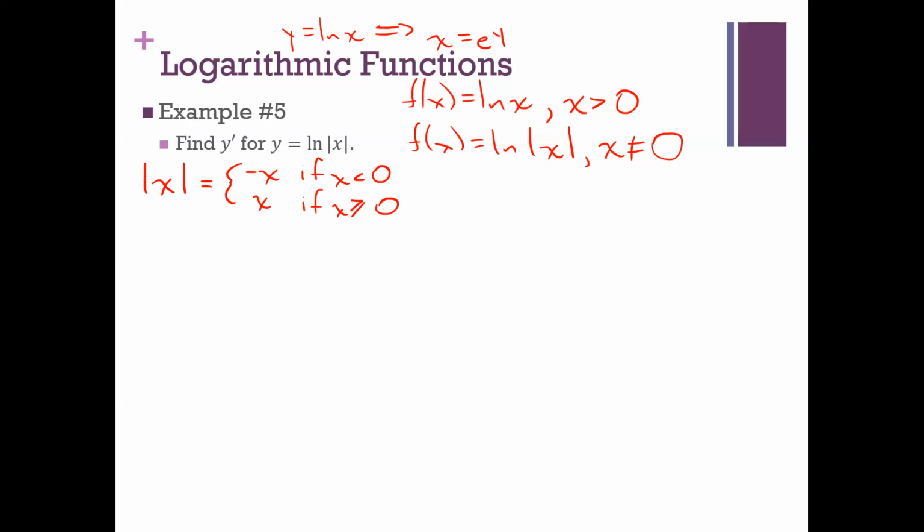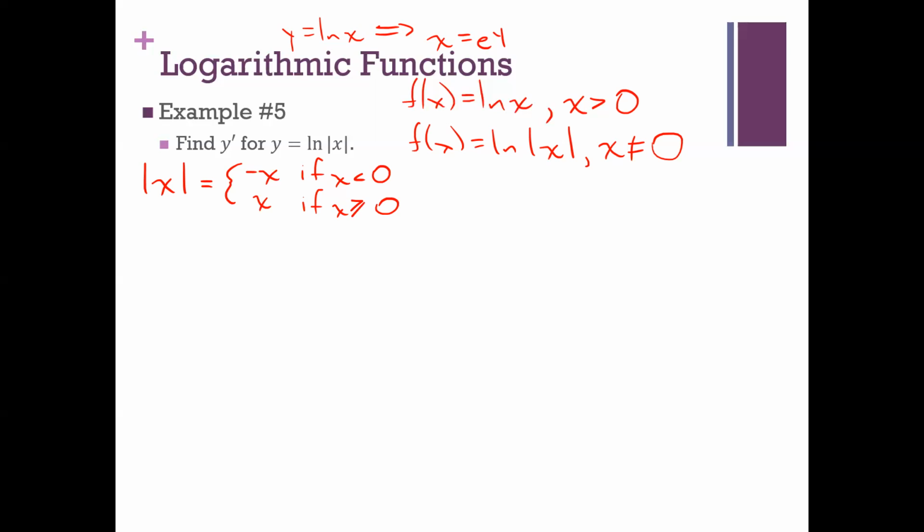If x is positive, what's the absolute value of 10? 10, right? So if I want to take the absolute value of a positive number, I just take the number, right? But if I want to take the absolute value of a negative number, for example, negative 20, what is that going to be? 20. It's negative 20. So for the real numbers, it's pretty simple.